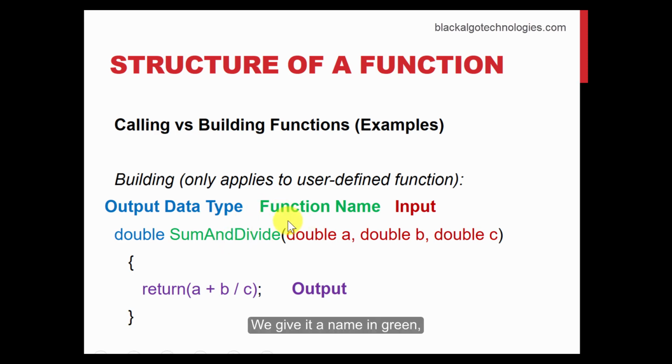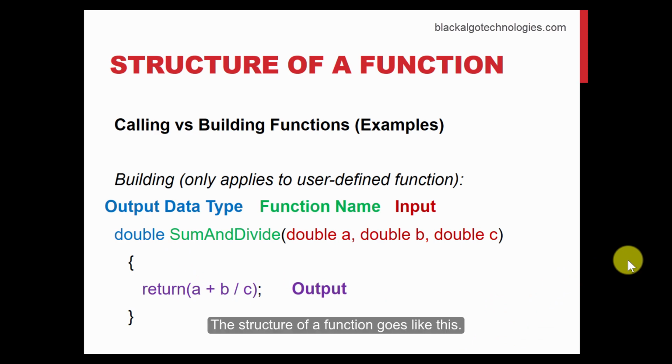We give it a name in green. We tell it what inputs to take in red. We tell it what output to return in purple. And we tell it the data type of our output in blue here. Alright, note that these bold words are not part of the code. These are just the names of the color coded areas.